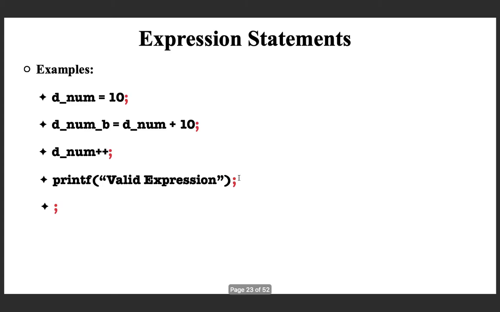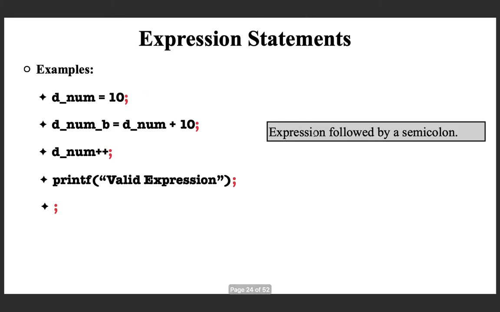So if you just give the semicolon next to an expression, then you will get what is called an expression statement. So an expression followed by a semicolon is what is called an expression statement in the C language.